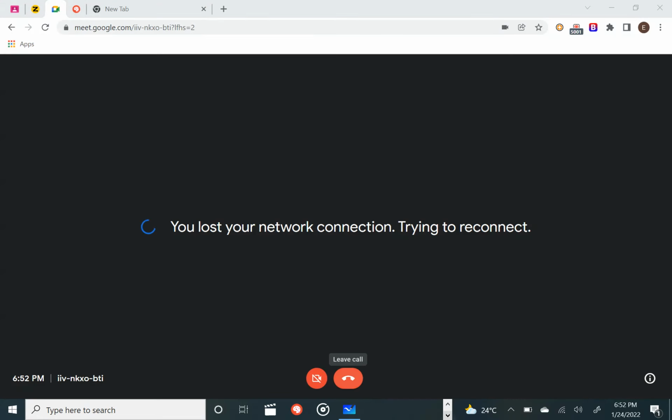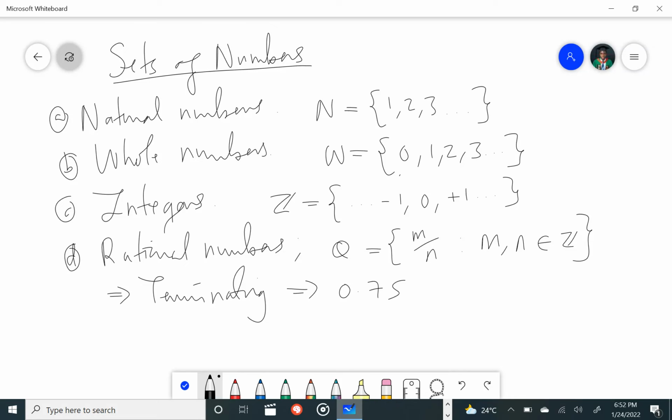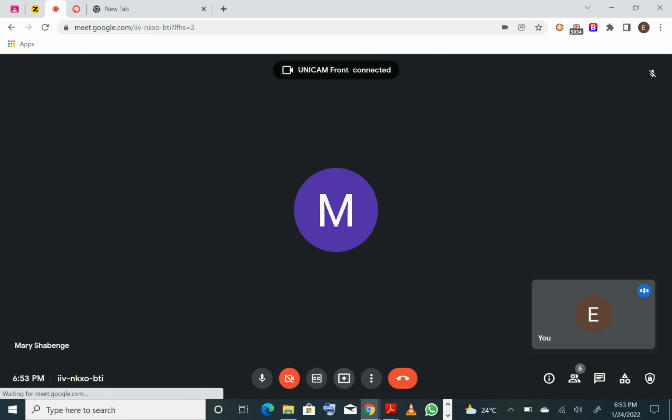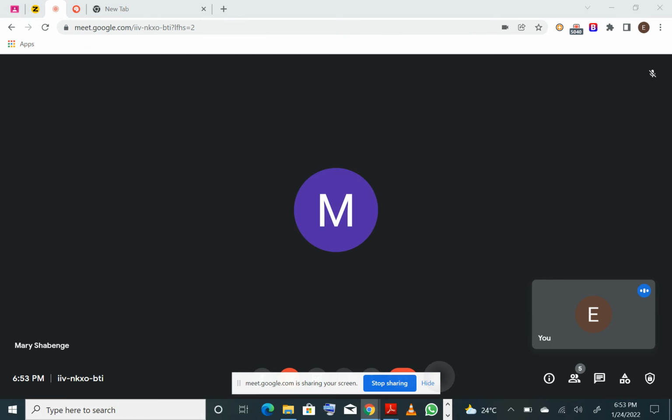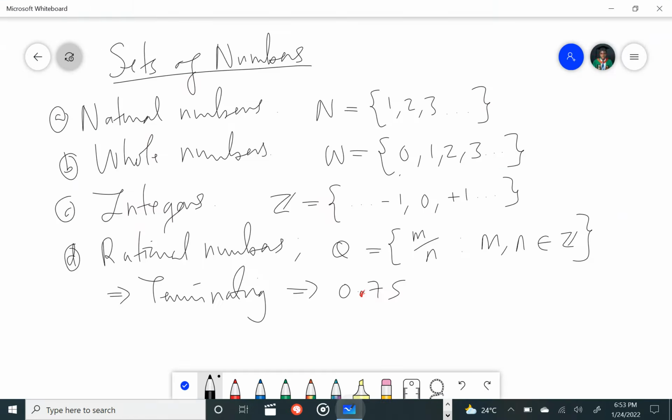Because once that decimal ends, there is no way you can add to it. After the decimal point, there isn't anything recurring, nothing continuously and repeatedly happening. So it's a terminating decimal.